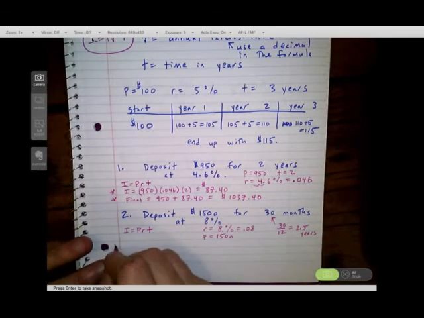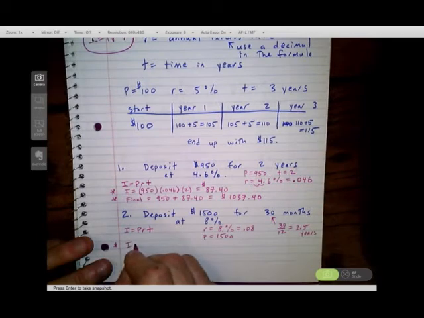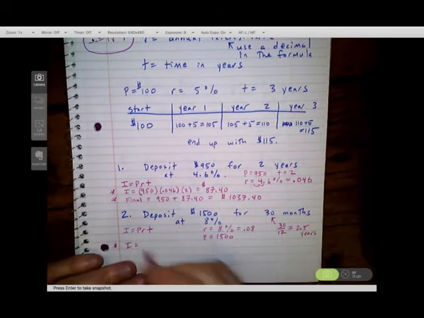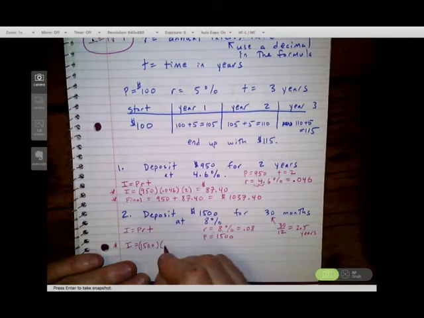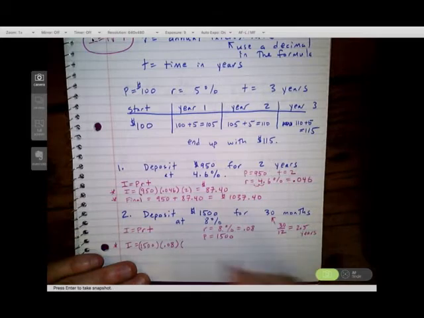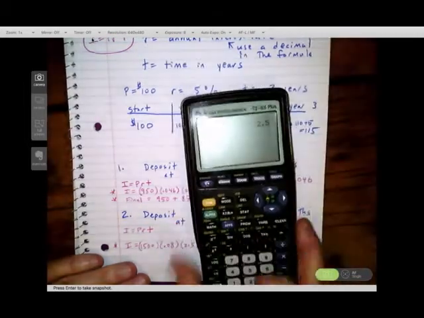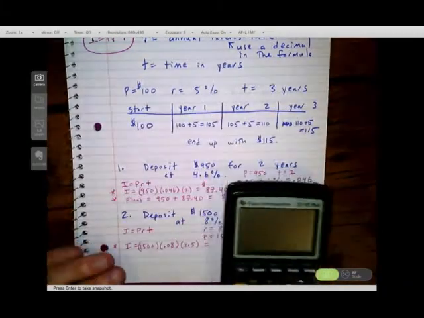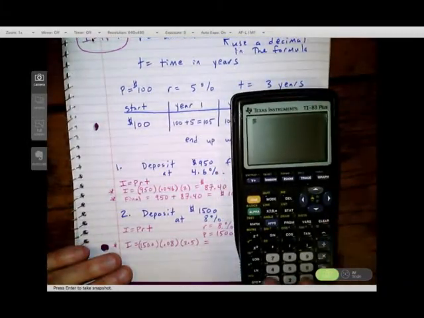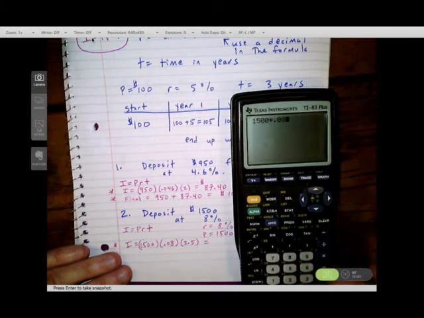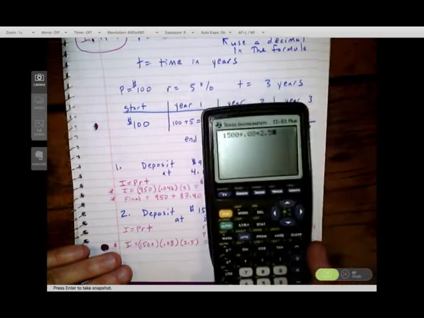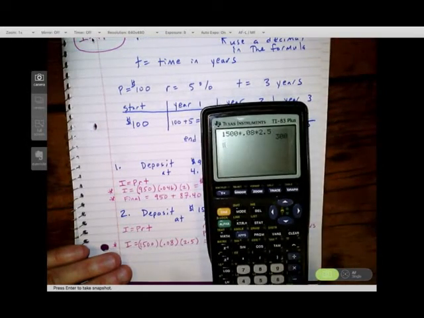Okay, so again, our two things, we're going to first find the interest. So I equals the interest equals the principal, 1,500, times the rate, 0.08. Make sure again you're using a decimal, not the percent, times the years, not the months, 2.5. And that is going to be, if you can see that better there, $300.